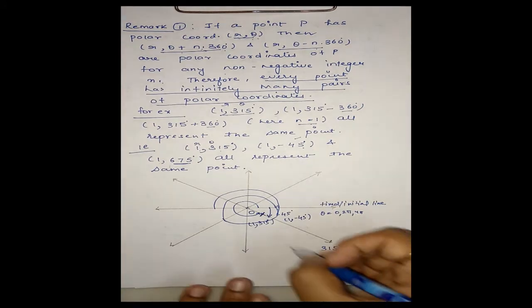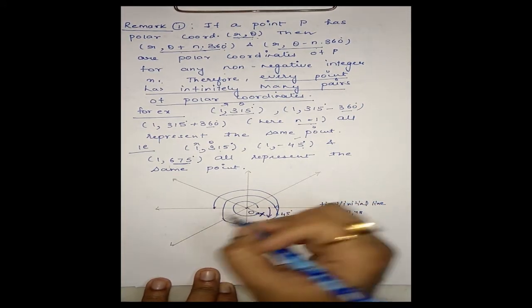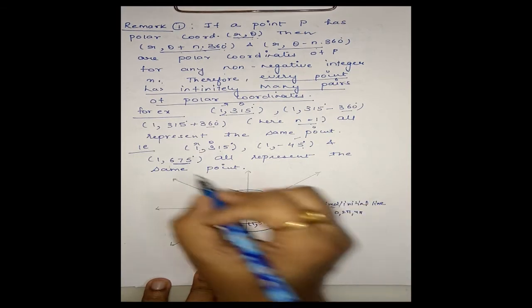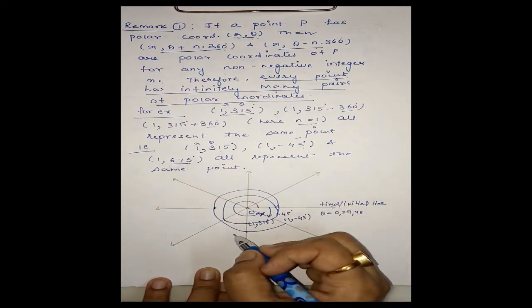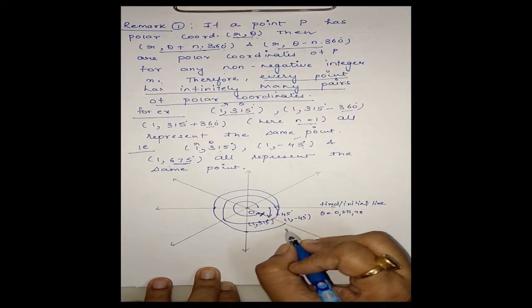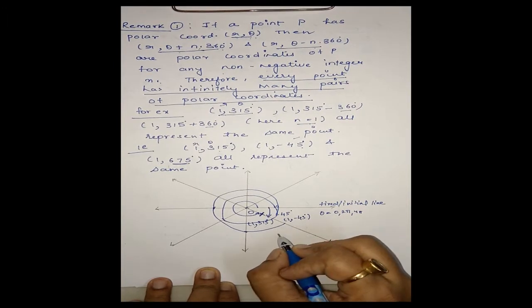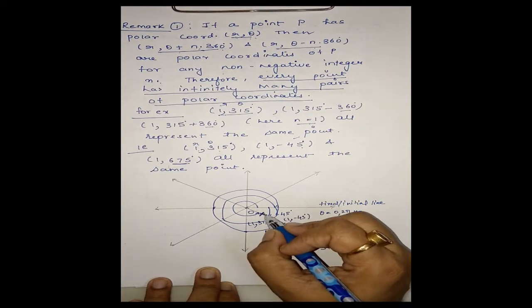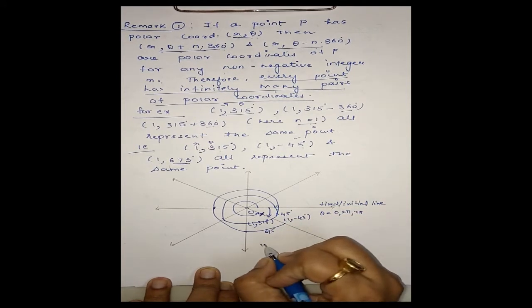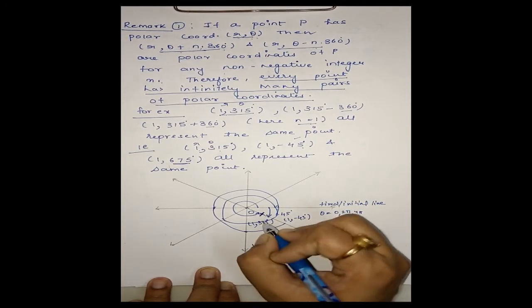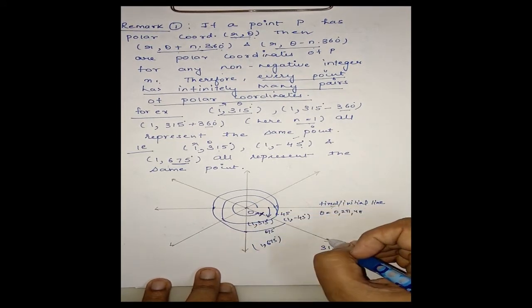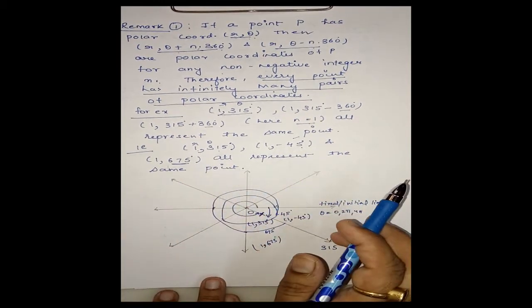And 540 plus 90 and 45, that is 540 plus 135, this is my 675. That means this is my 675 degrees, and the point here is 675 degrees, this point. That means all points are on this line only. That means all three represent the same point.